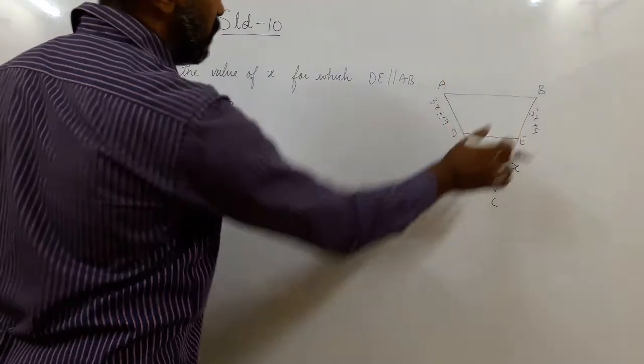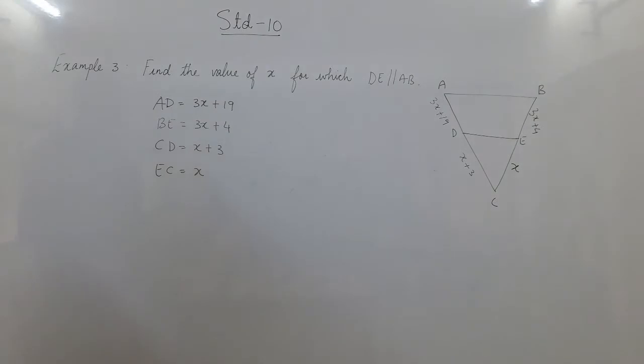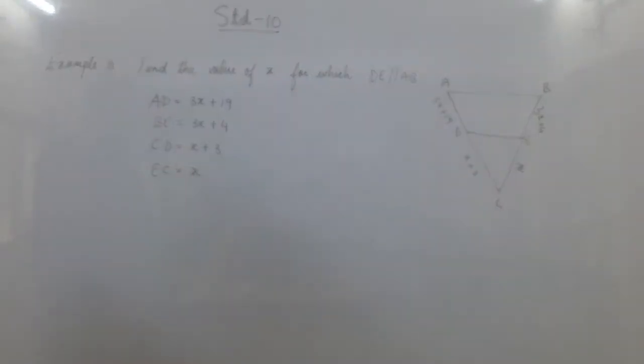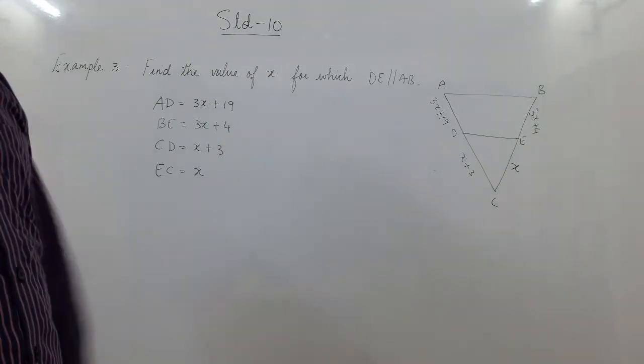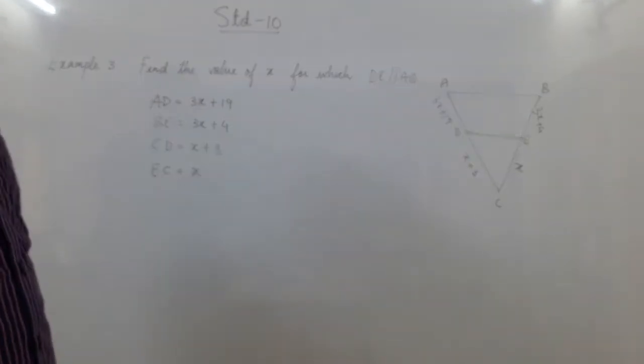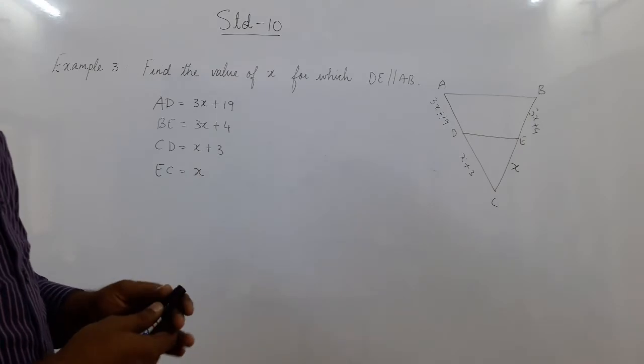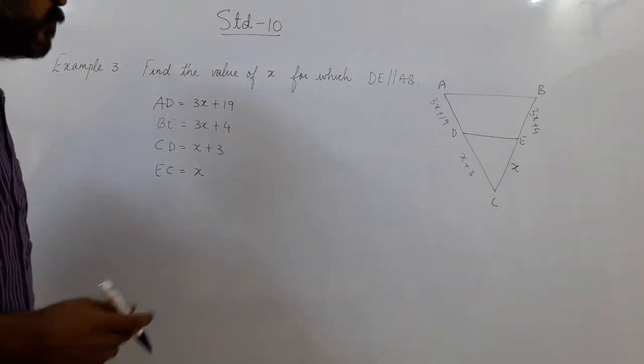There are 4 sides given and the only question asked is, find the value of x for which DE is parallel to AB. So this is quite simple for you. So I'll solve it very quick, but I know you can do it before me.